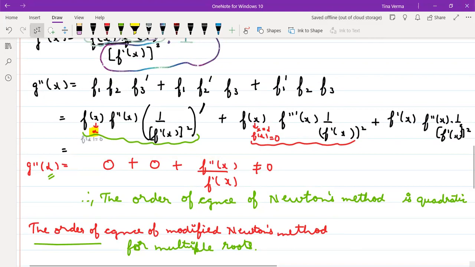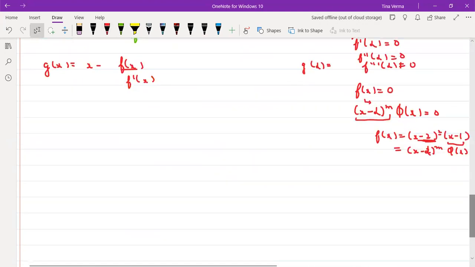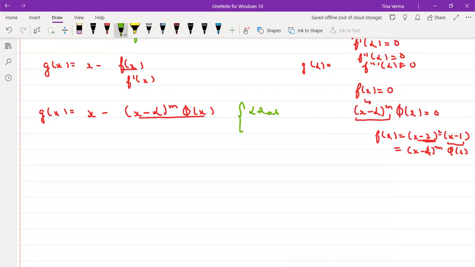So for escaping from the 0 upon 0 form like this, I can write this function f of x as (x minus alpha) raised to the power m times phi of x, because alpha has multiple roots with multiplicity m, right? Now in the denominator I have to write its derivative. So this is the product rule.